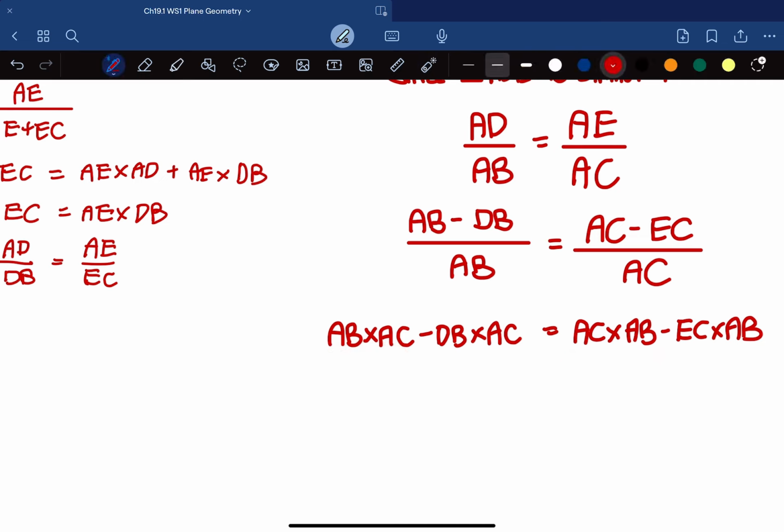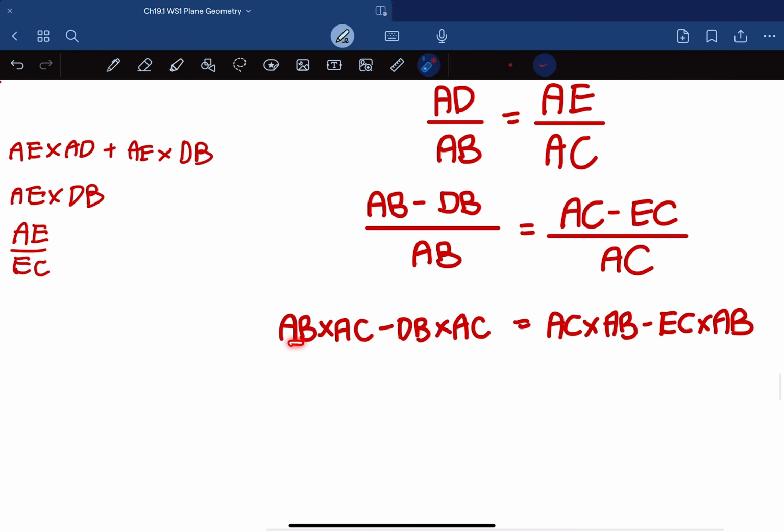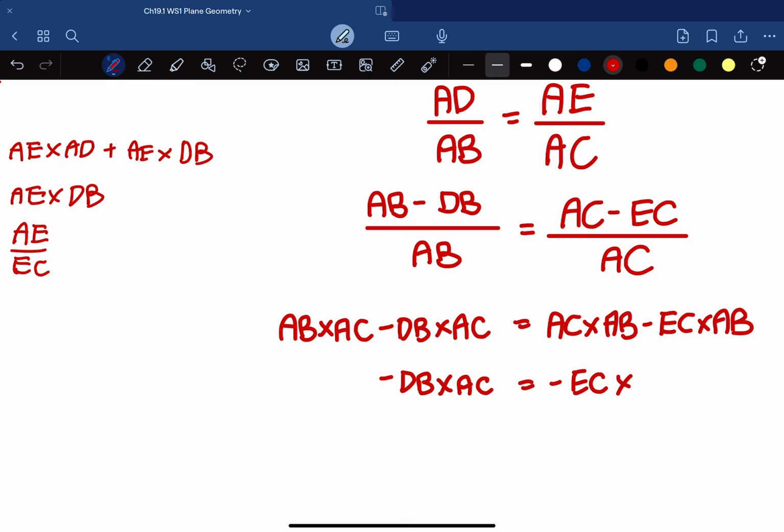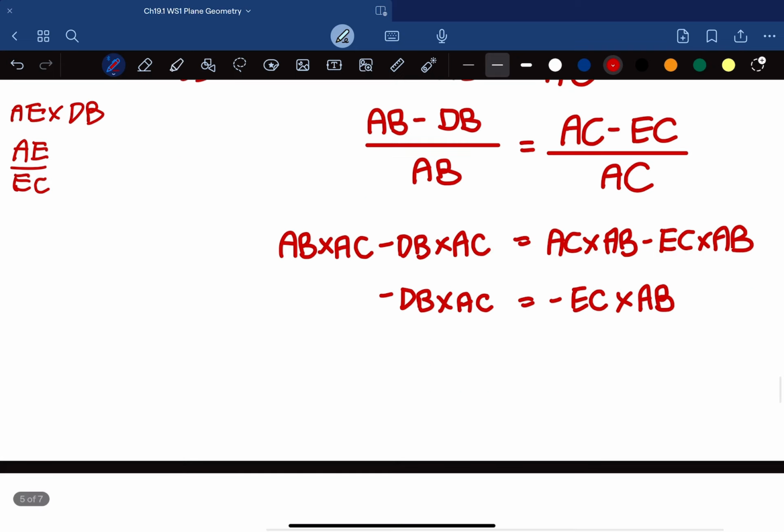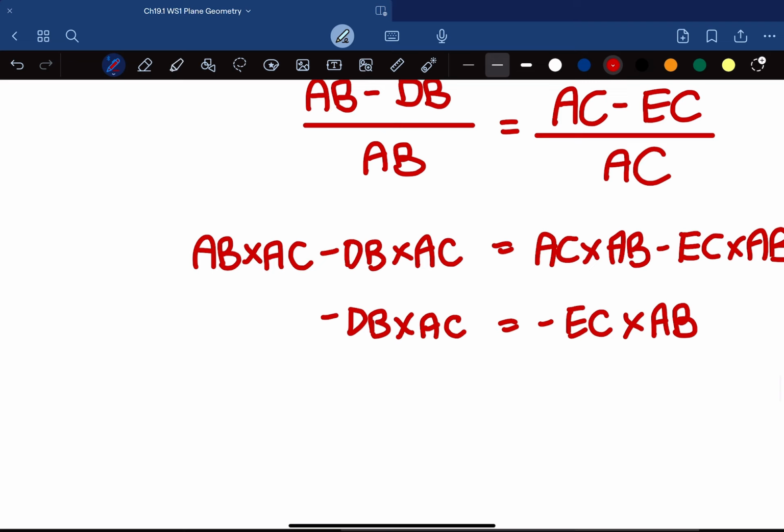What I'm left with would be, to make it more clear, I'll just subtract this one from both sides. So now I'm left with negative DB times AC equals negative EC times AB, and then I can simply multiply by negative one on both sides of the equation to remove it. This will become DB times AC equals EC times AB.